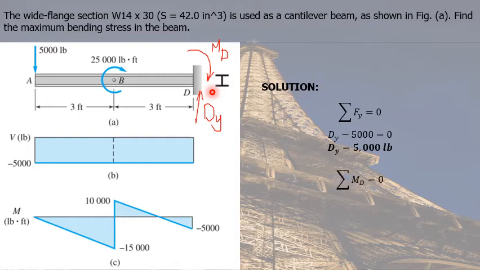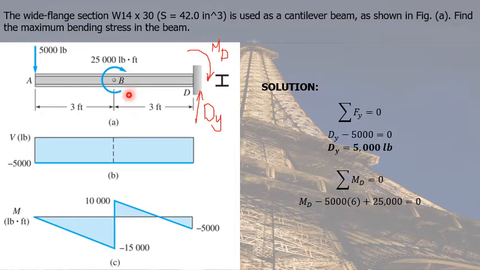So we can get moment D by taking summation moment at point D equal to 0. So we have positive MD since the assumed direction is clockwise, and the concentrated load 5,000 pounds tends to rotate counterclockwise about point D, hence negative, and its perpendicular distance from point D is 6.